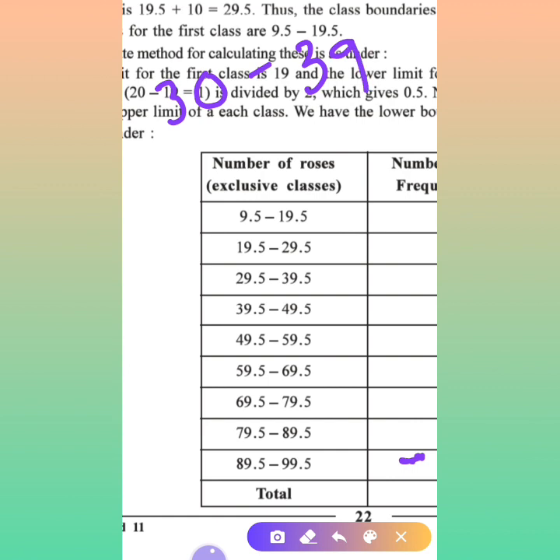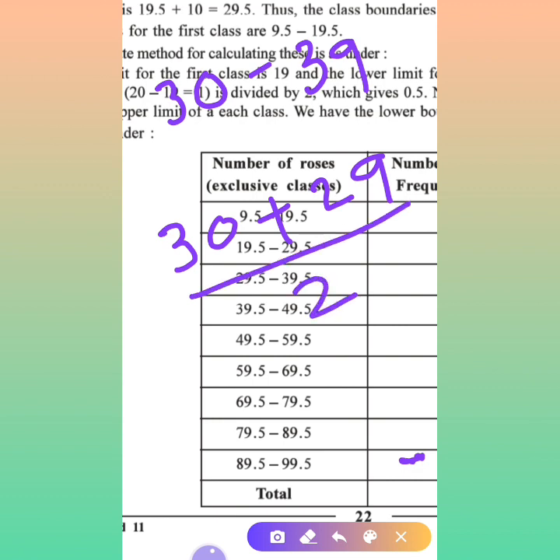So 30 to 39, as per the formula, the lower limit of the given class is 30 plus the upper limit of the previous class. Now what would be the upper limit of the previous class? The upper limit of the previous class would be 29, whole divided by 2.